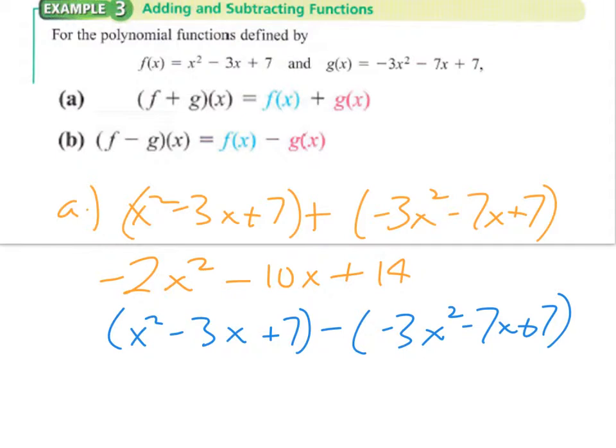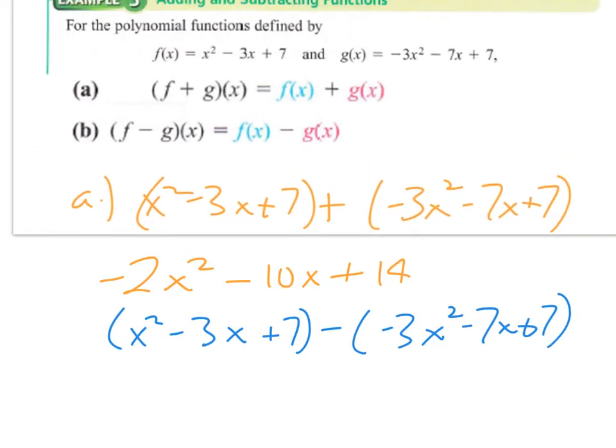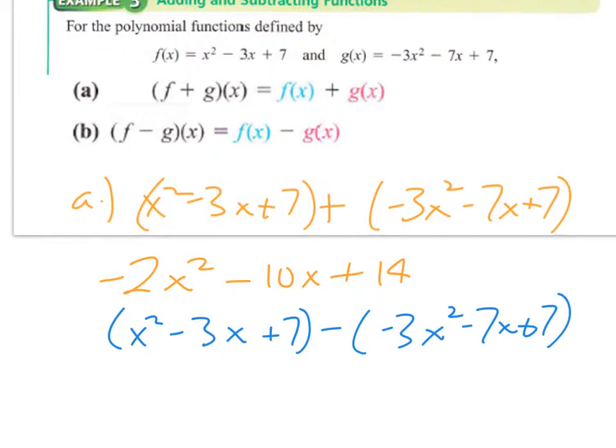Again, one tip for doing that is change from subtracting to adding so that we can just look at adding for our operation on each of these. If I'm going to change this to adding, then I change each of my signs, and so then that would end up looking like this, so that we'd be adding the 3x squared, adding the 7x, but subtracting the 7.